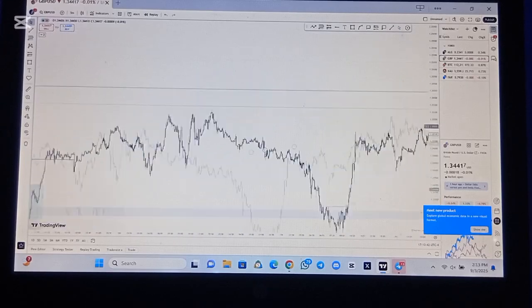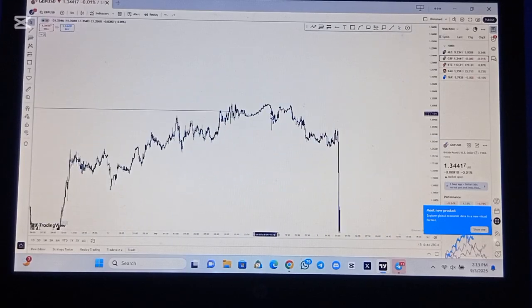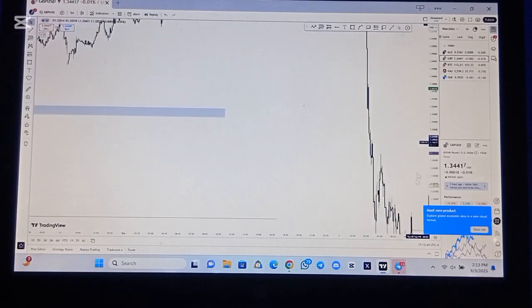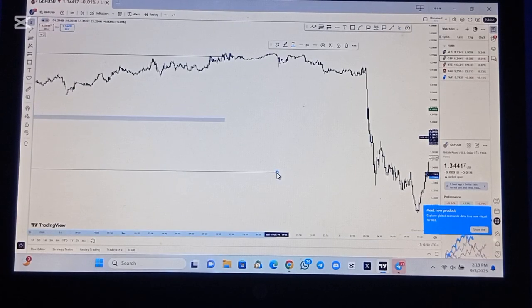Yeah, so down from here. After the liquidity got taken out, what do we still have to take out? The sell side. So the market's actually moving from buy side liquidity to sell side liquidity.